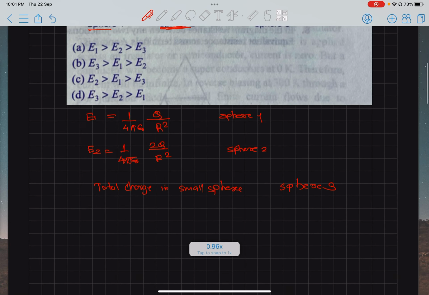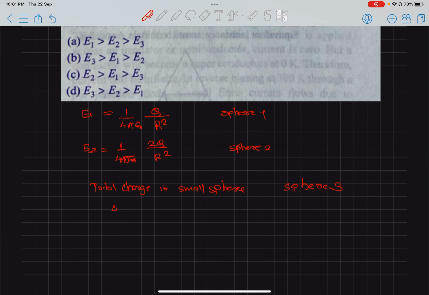So what information we already have is that 4q charge is distributed throughout the volume of the sphere with radius 2r. What is the volume of a sphere with radius 2r? 4 by 3 pi (2r) cube, which is nothing but 4 by 3 pi 8r cube.